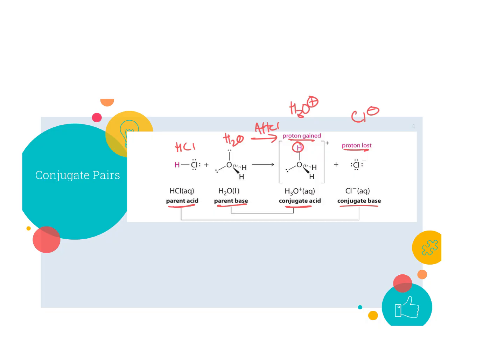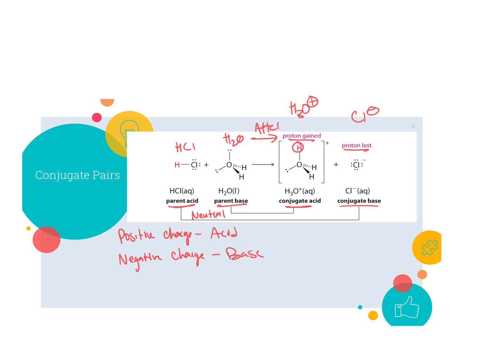One important thing to look out for to help you figure out what's a conjugate acid and what is a conjugate base, especially if you're dealing with neutral at the start: if it is a positive charge, then that is your acid. If it has a negative charge, then that is your base.